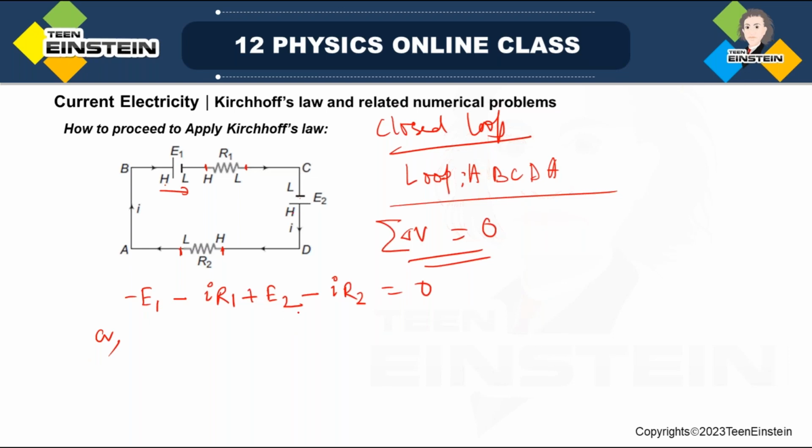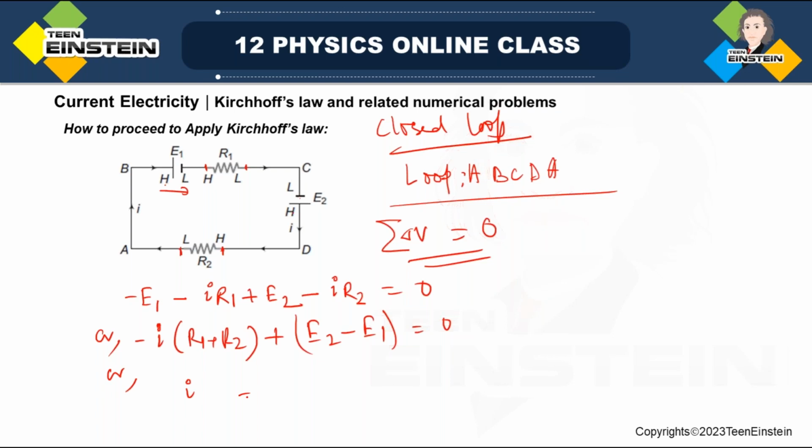Now I can arrange it. If I have to find the current, I'll write minus I times R1 plus R2, and here it will be plus E2 minus E1, equal to 0.